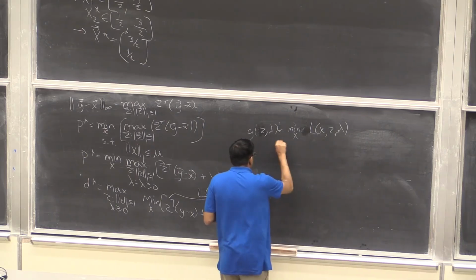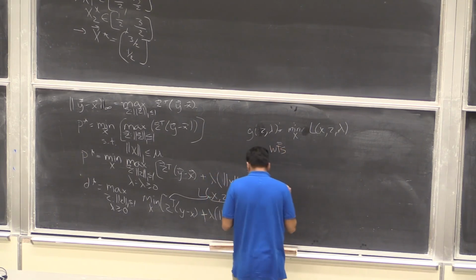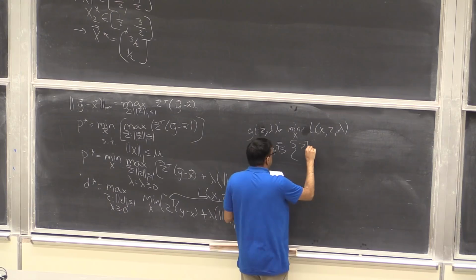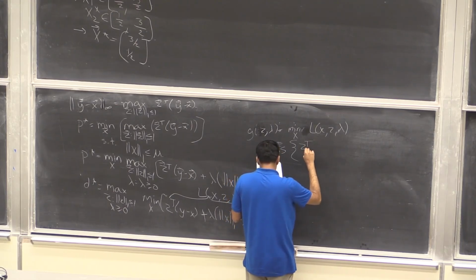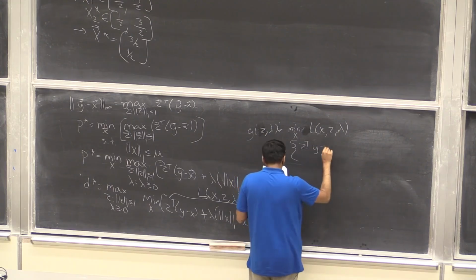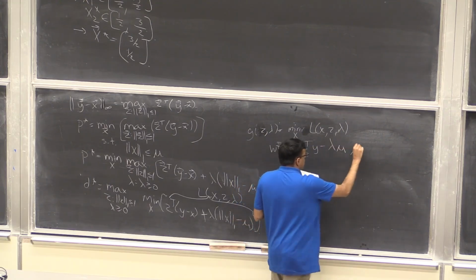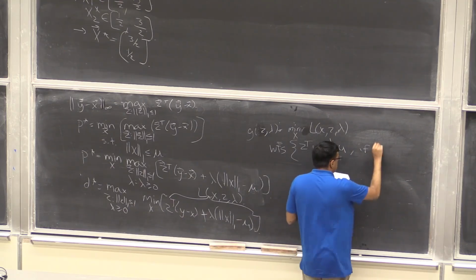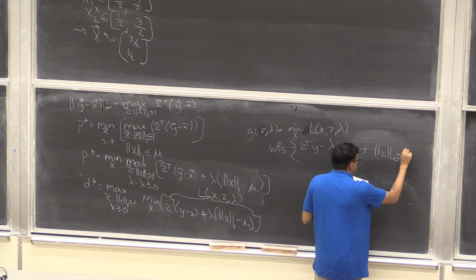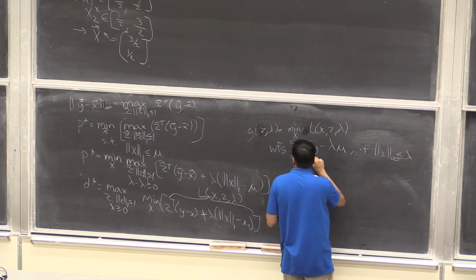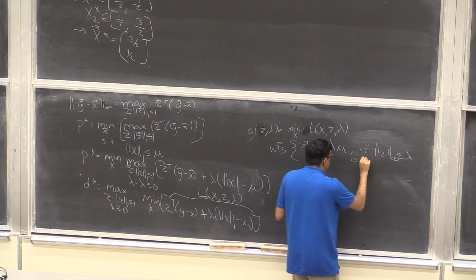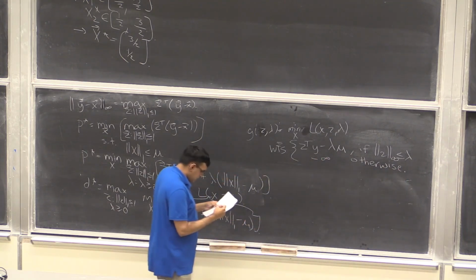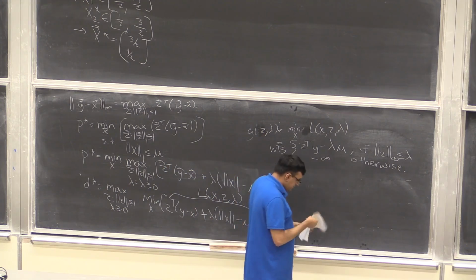We want to show that this is equal to z transpose y minus lambda mu if the infinity norm of z is less than or equal to lambda, and minus infinity otherwise. Okay, this is the claim we want to make.